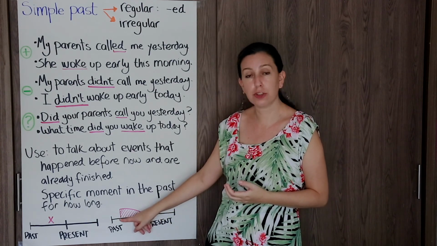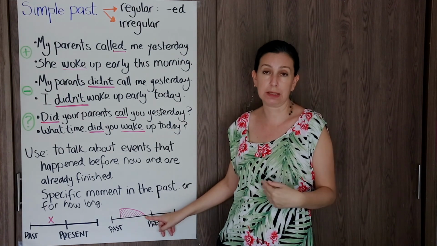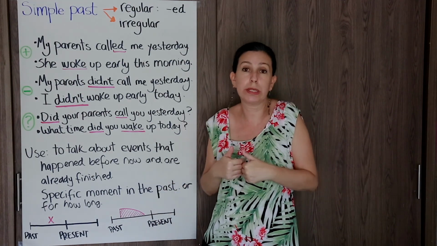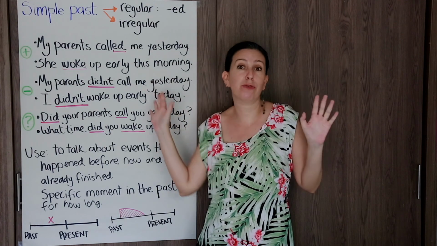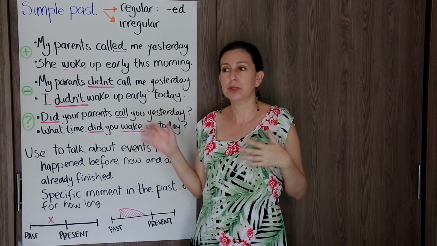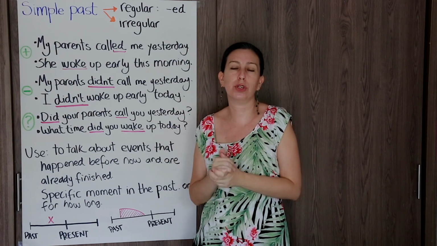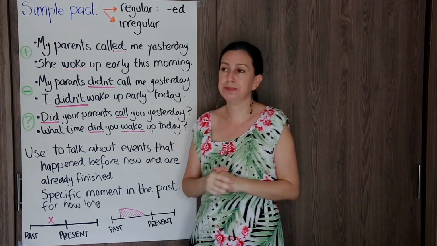The action started in the past, but also finished in the past. It's concluded. In this moment, I am living in a different place. I am living in Santa Marta, for example. So those would be the two moments to use the simple past.